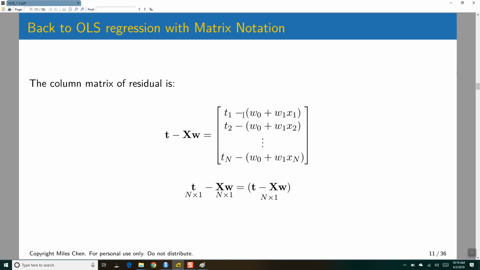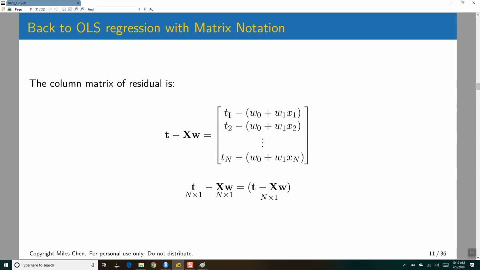All right, so we showed that X times W is going to be our predicted values, our fitted values, W0 plus W1 X1. This is what the model will predict for each observation. T is going to be our column of actual Y values.